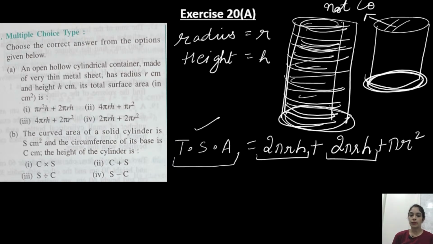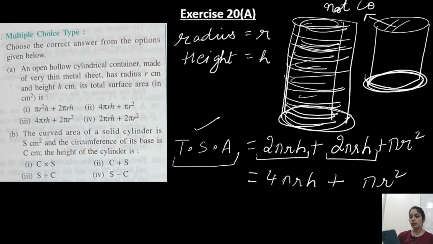Like terms we can add: 2 pi rh plus 2 pi rh becomes 4 pi rh, plus pi r square.